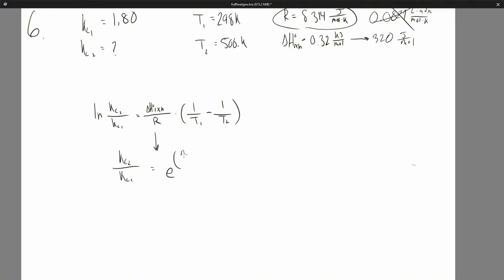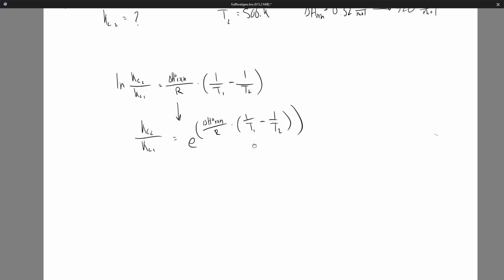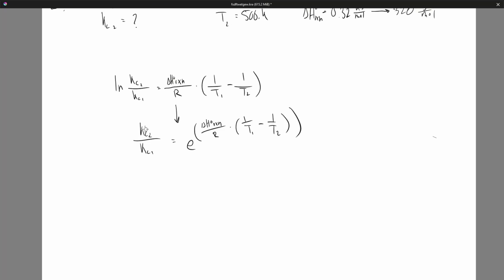So it'll be the enthalpy of reaction over R times 1 over T1 minus 1 over T2. Now to isolate Kc2, we multiply both sides by Kc1. So Kc2 equals Kc1 times e raised to all that.